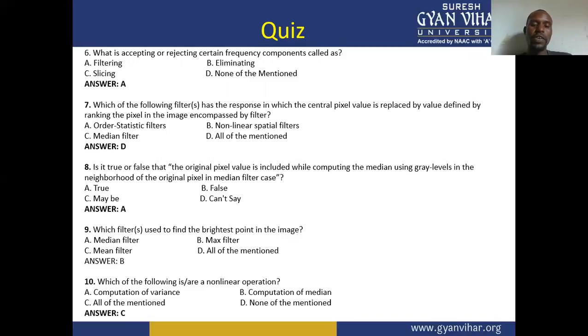Which of the following filter has the response in which the central pixel value is replaced by value defined by ranking the order in the pixel encompassed filter? That is what we've looked at today. We've looked at order statistics filter. That means we looked at the median, where we said we replace the middle value with the median value.